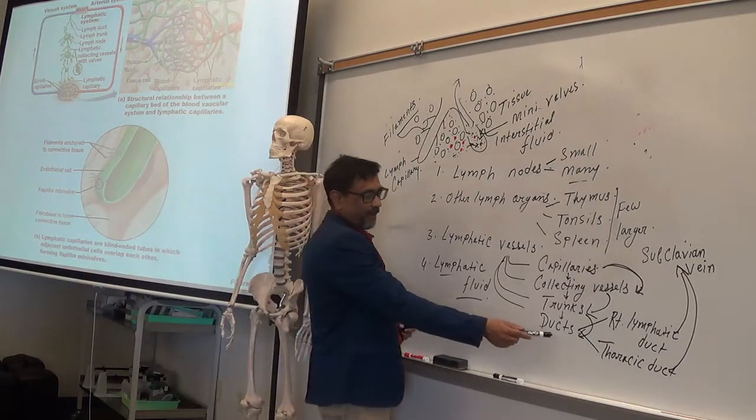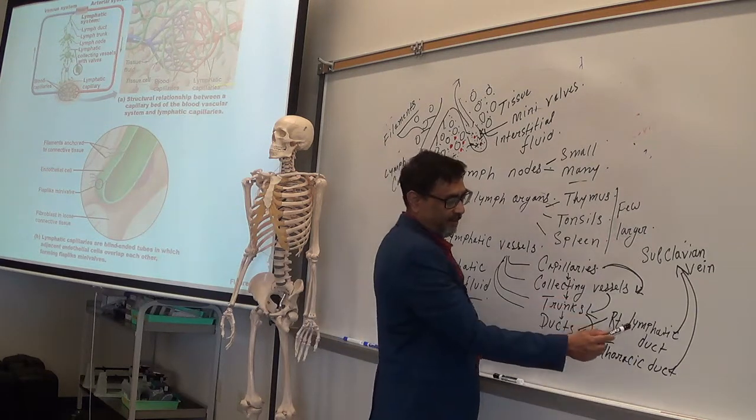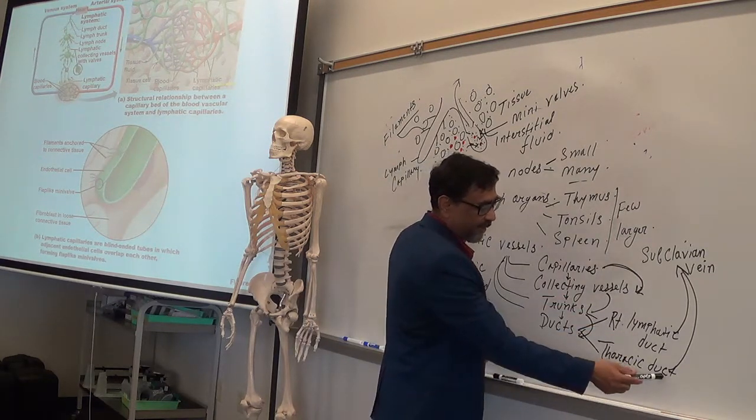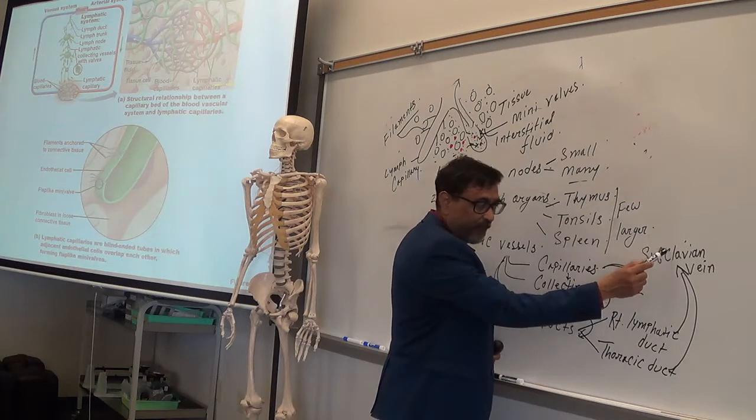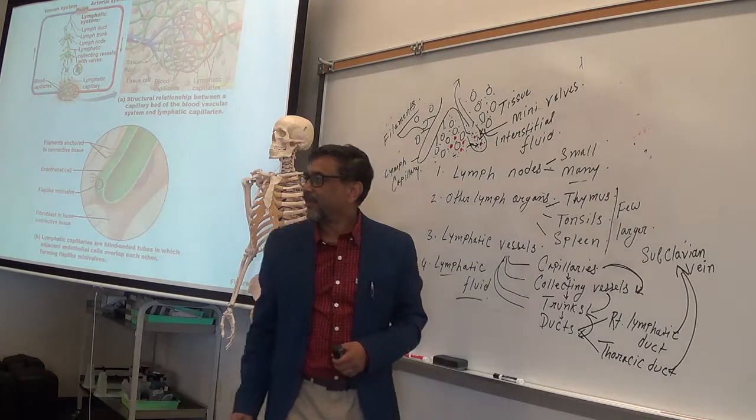And then finally it goes to the ducts. The two lymphatic ducts, right lymphatic duct and thoracic duct, will drain the lymph fluid into where? The subclavian vein. That means into the blood.